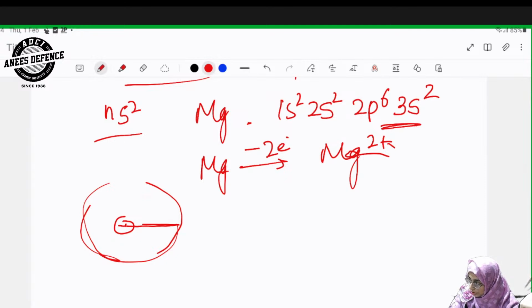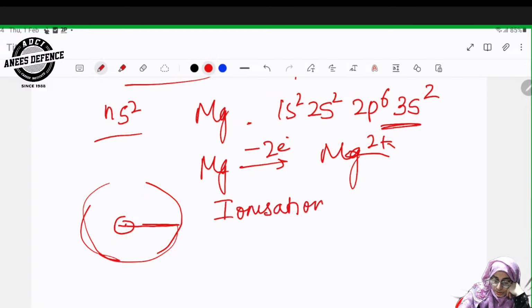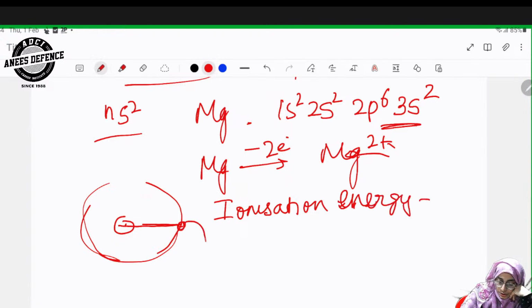It is the energy required to remove the outermost electron, to become an ion. Understand?